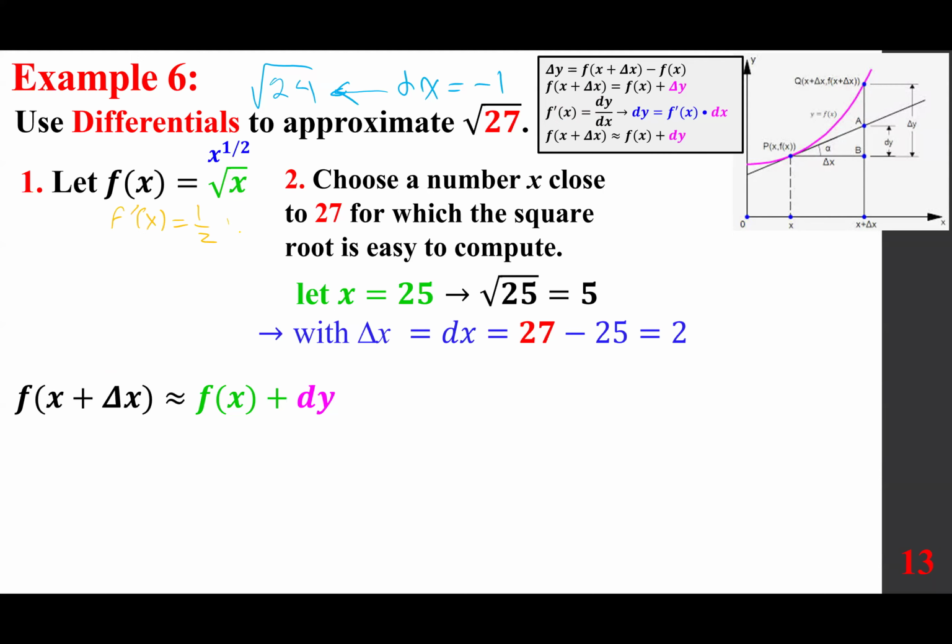And f prime becomes 1/2 x to the power of 1/2 minus 1, which is negative 1/2, or 1 over 2 square root of x. So that's f prime of x. What is dy? Same thing, times dx.